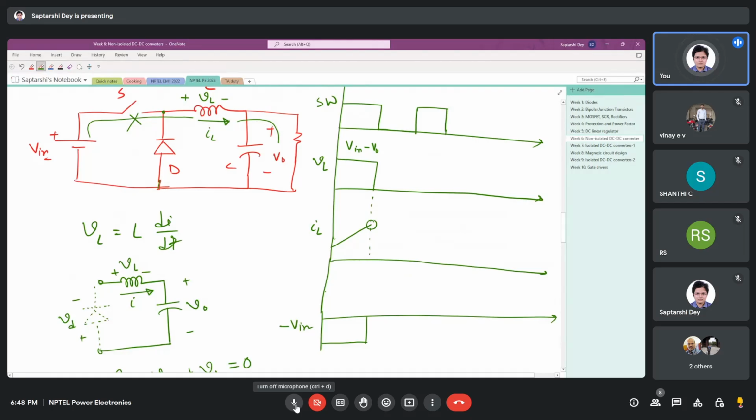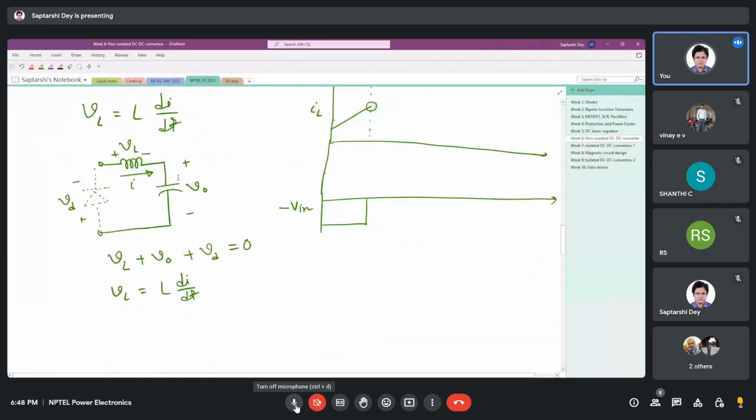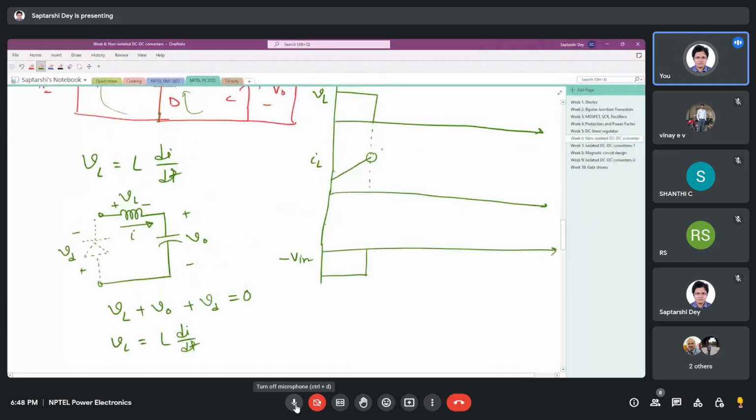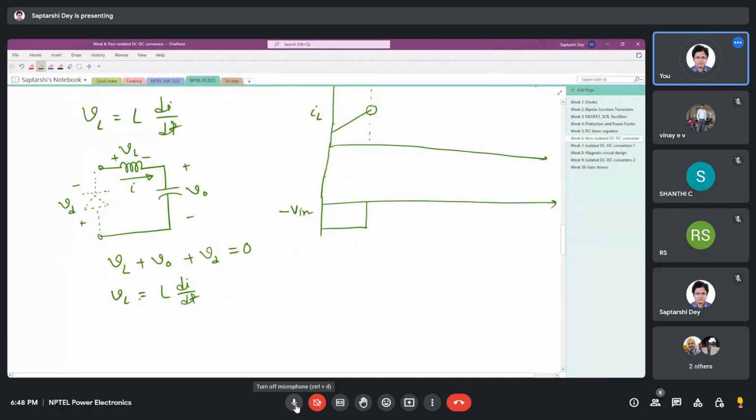It cannot pass through this supply because this source is off. It cannot pass through this diode because the diode is off. So since the current has no path to flow, we are suddenly interrupting the current. That means we are getting a large negative value of di/dt.